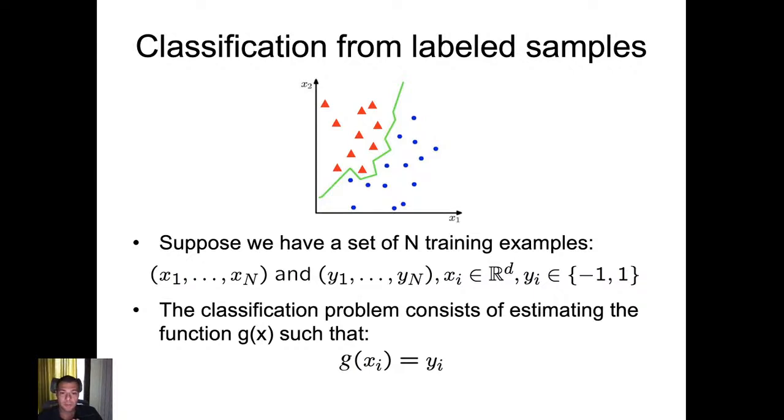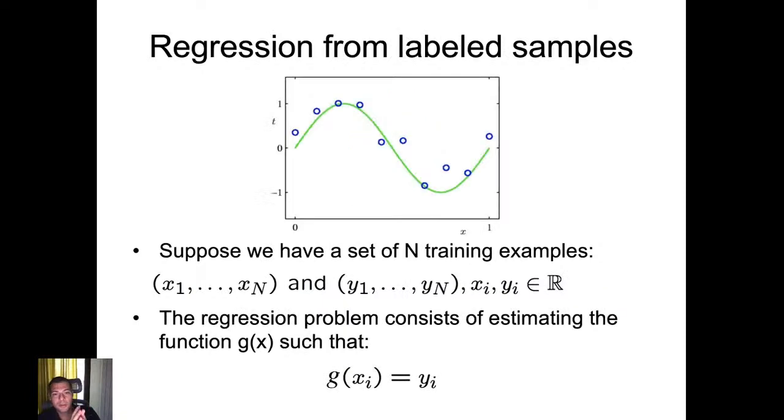Suppose that you have a set of training samples with two labels, so binary classification, -1 and 1, and you want to produce a classification function g that estimates the corresponding labels.